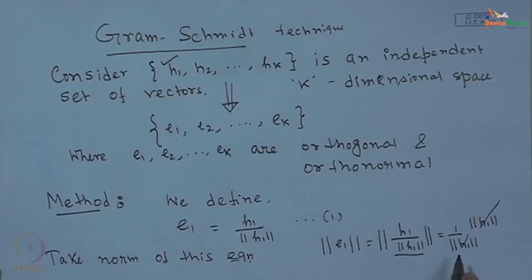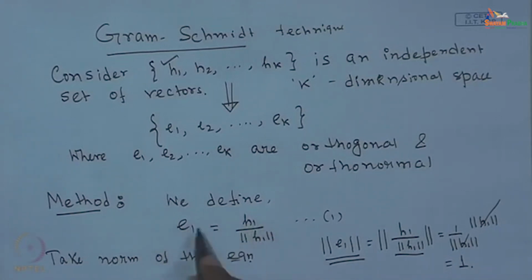These two are scalars, they will be cancelling out. So, the magnitude or norm of E1 turns out to be 1. So, therefore, this transformation ensures that the norm of vector E1 will be unity. So, we made E1 orthonormal.